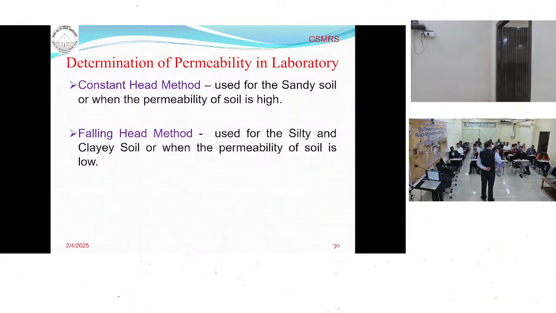But in case of coarse grained soil the permeability is very high, and in a very short span of time, within one or two hours, you can collect a sufficient amount of water. That is the main difference.